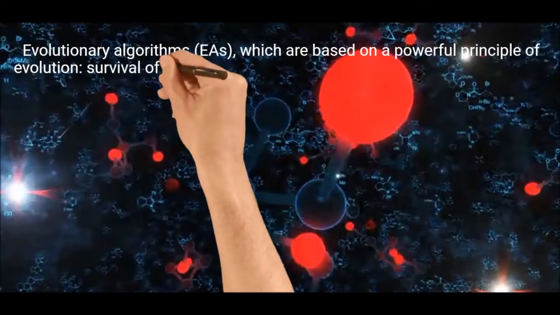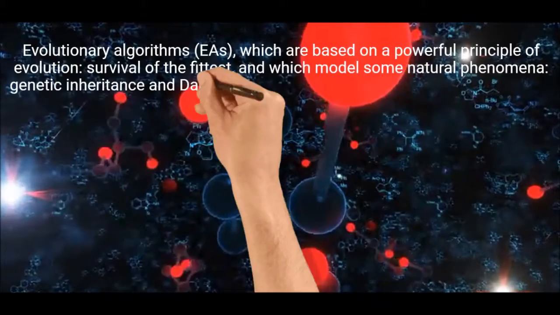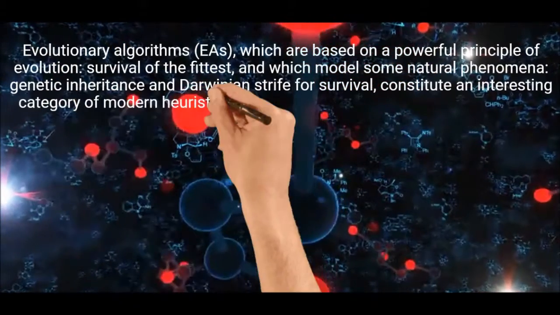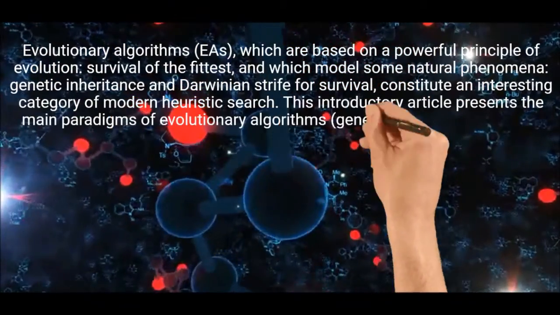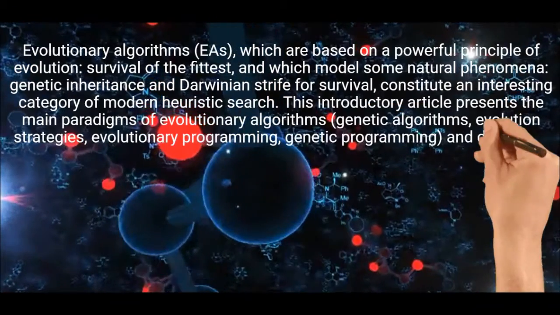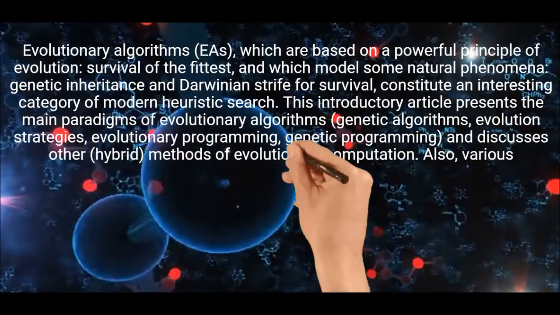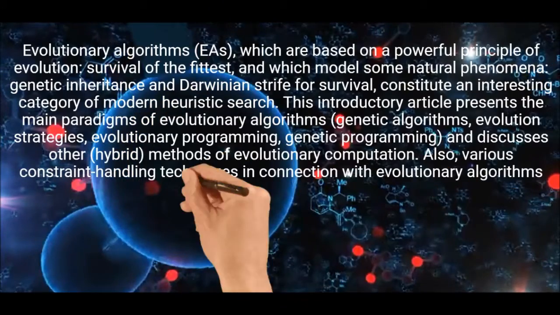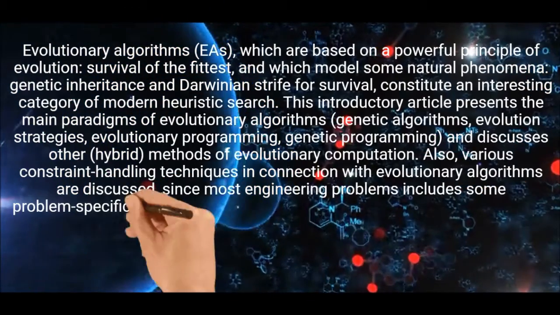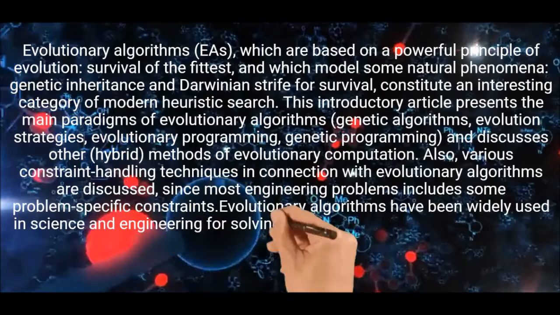Evolutionary algorithms, EAs, which are based on a powerful principle of evolution, survival of the fittest, and which model some natural phenomena, genetic inheritance and Darwinian strife for survival, constitute an interesting category of modern heuristic search.